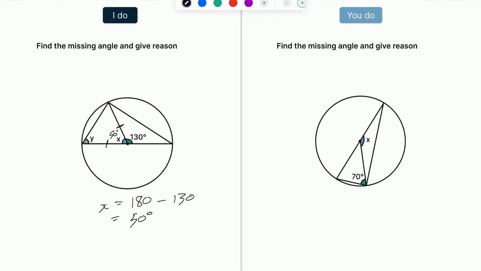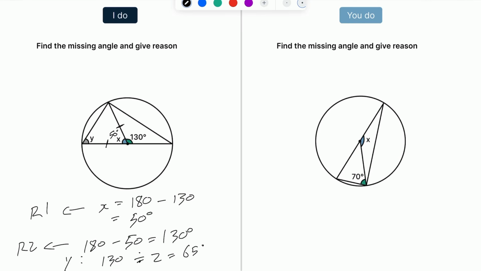Those two are the same, which means if I do 180 take away 50, that gives you 130. And if I halve 130, because base angles in an isosceles triangle are the same, I get 65. So y is 65. Your reason for x will be that angles on a straight line add up to 180. And for y, your reason will be that base angles in an isosceles triangle are the same.